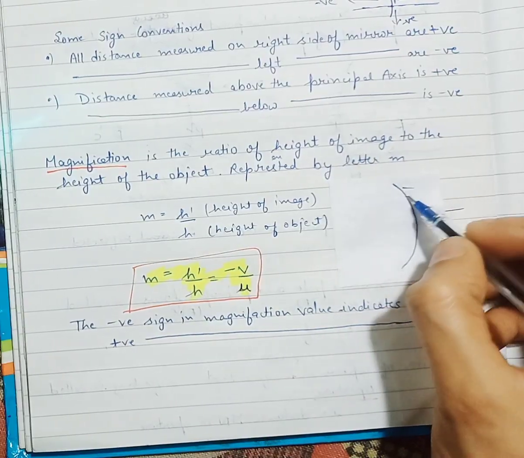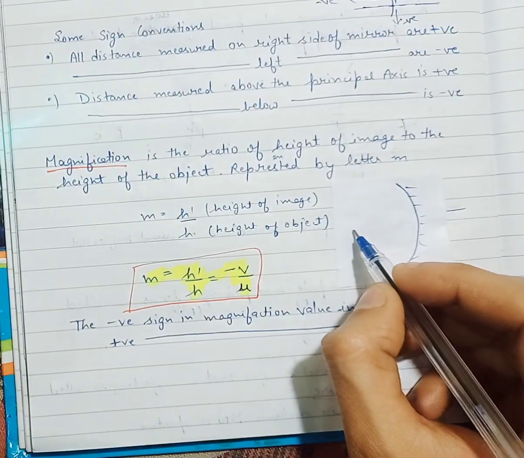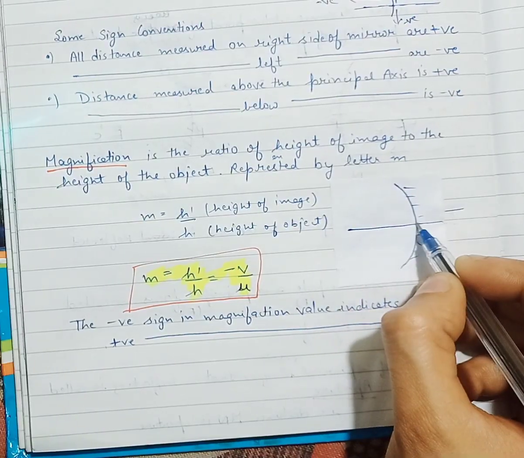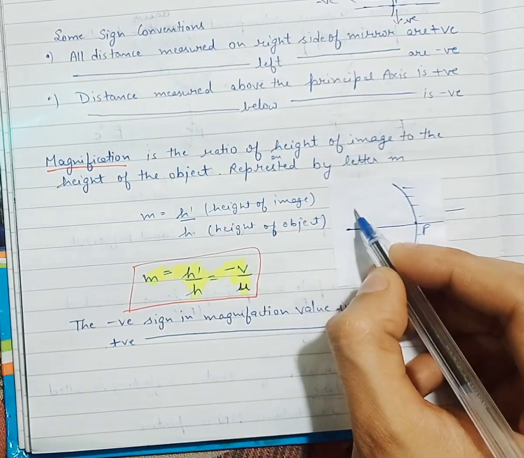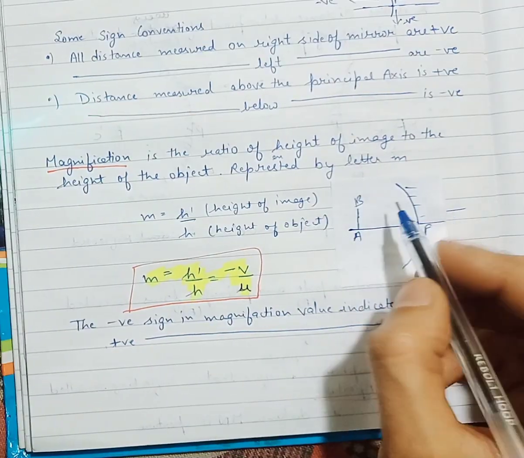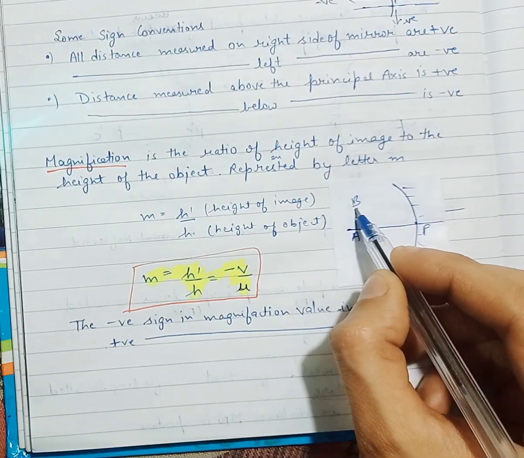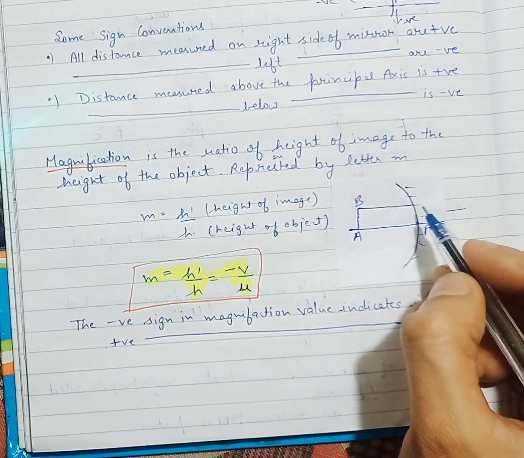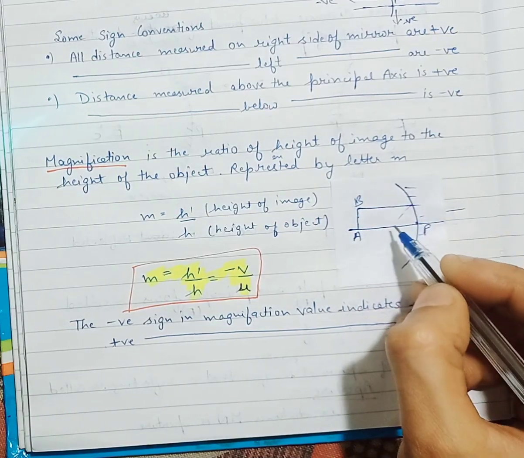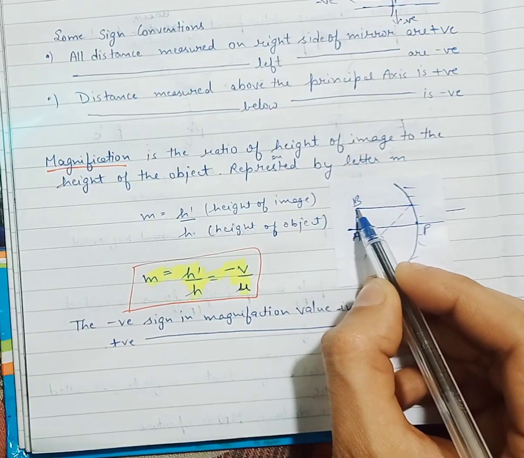So here is our concave mirror, and this is our axis. This is point P, and let's say here is our object AB. When rays go to the mirror, it reflects another ray which passes through the focus.